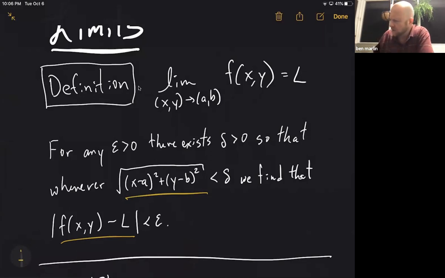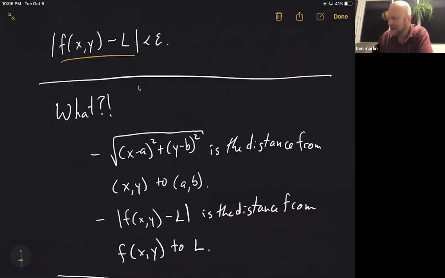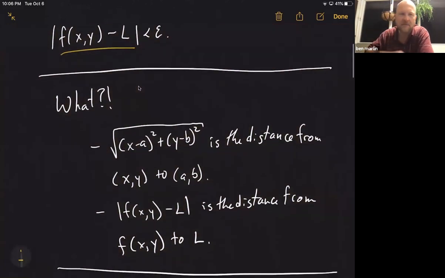Okay, so you might ask, what the heck were you talking about there, Ben? That was just crazy symbol stuff. Well, that square root of (x minus a) squared plus (y minus b) squared ought to seem kind of familiar to you. That's the distance formula. So when we say that that square root is less than delta, what we mean intuitively is just (x,y) and (a,b), those two points, are close.